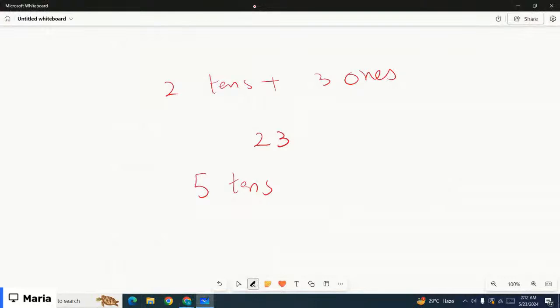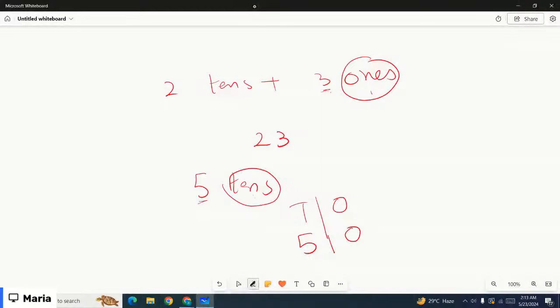When you have a question like this, when you are given no ones, that means you cannot write any digit without the ones digit, right? The rightmost digit is always the ones digit. So the ones digit is zero, and the five is at the tens position. Basically, these words tens and ones tell you the position of these digits, right? Ones tells you where the digit is at the ones position, and five tens means five is at the tens position. So that is 50.